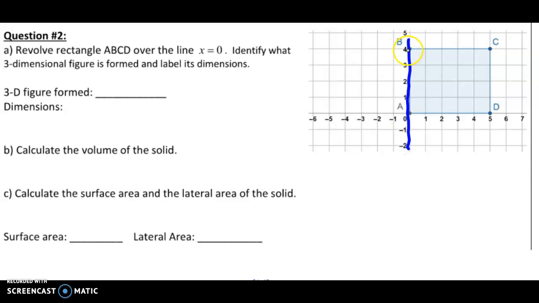So here's our line, and we have a point right on that line of reflection, which is awesome. To get this other point, we count in the other direction. Same thing at this point, we count in the other direction, and then you create your shape by connecting. If we were to revolve this and look at it straight on, it would look like just a big rectangle.